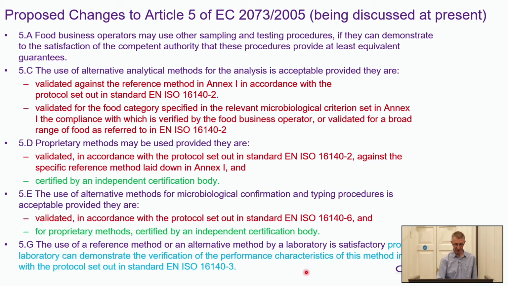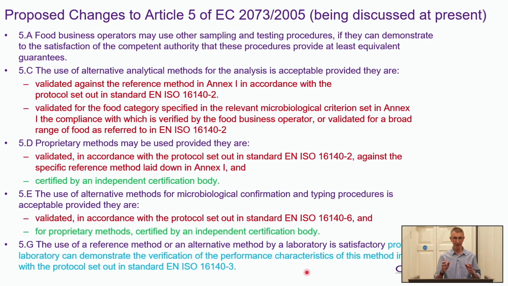But the key part of these proposed new statements that are coming in is what you can see down there in 5G right at the bottom. It says the use of a reference method or an alternative method, so either, can be used provided the laboratory can demonstrate the verification of the performance of that method as set out in the protocol of 16140 Part 3.